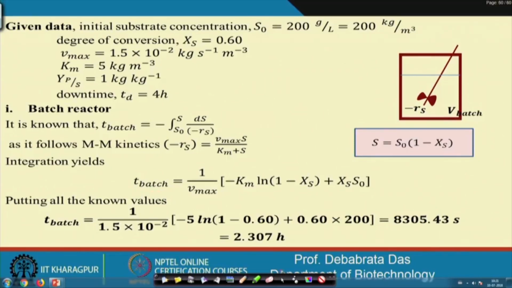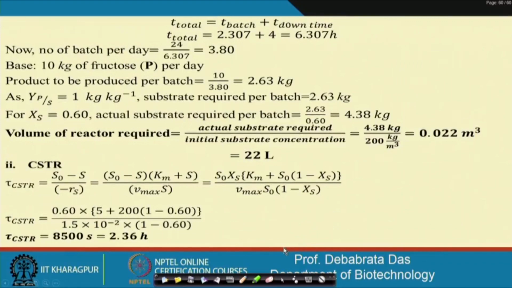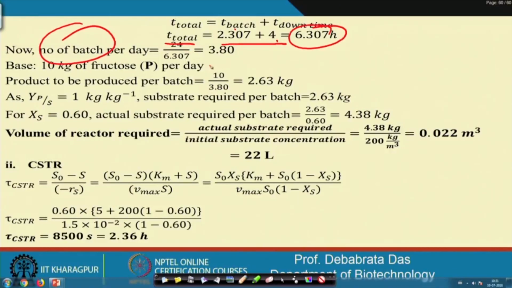Once your time of the batch process is done, then you have to find out the total time required for the batch process, that is the batch process plus downtime, and when you have the total time, then you find out the number of batches per day.